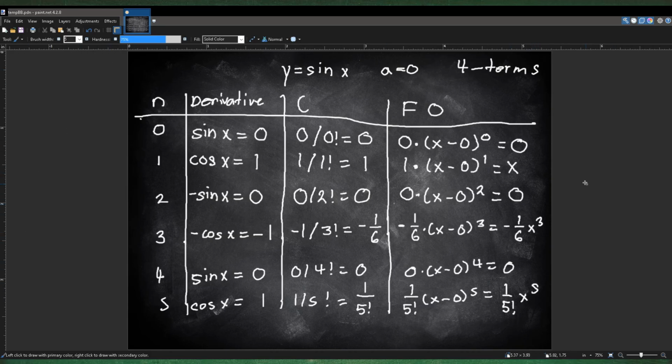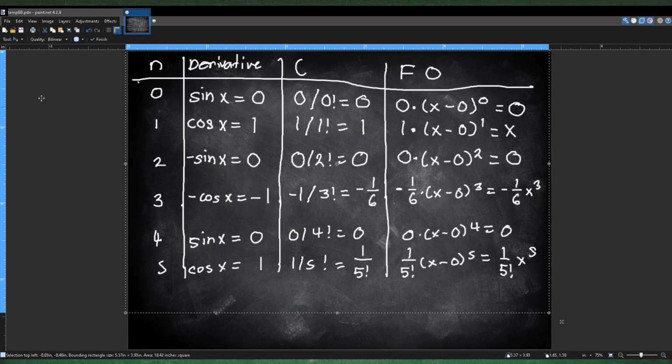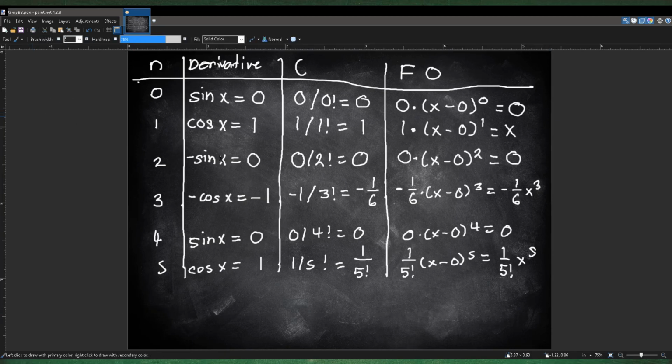So let's look at this pattern. We have x, then negative 1 over 6 x cubed, and then 1 over 5 factorial x to the power of 5. So how do we write the general term for these? Let's move this up a little so we have room. Just remember that for sine of x we have a summation, and we could usually start at 0, it doesn't matter.